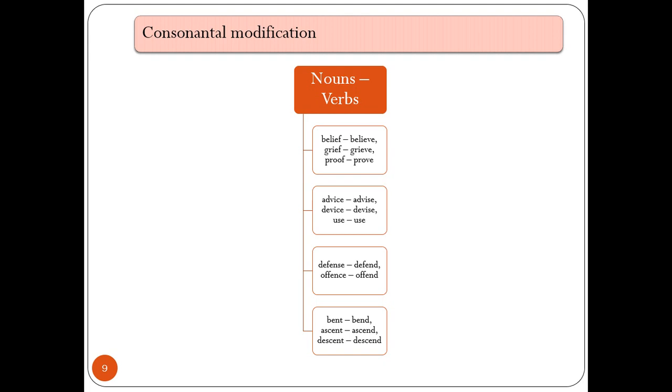Defense and defend, offense and offend, bent and bend, assent and ascend, descent and descend. So you see here that the last consonant of the word is changed. In the first one it's from f to v, here from s to z, here from s to d, and here from t to d.